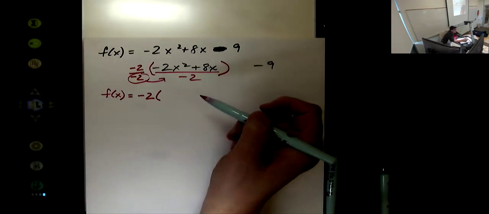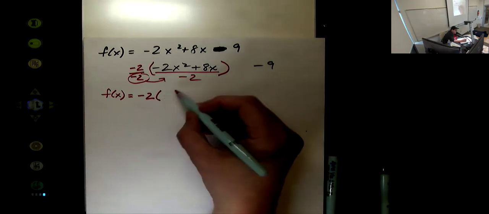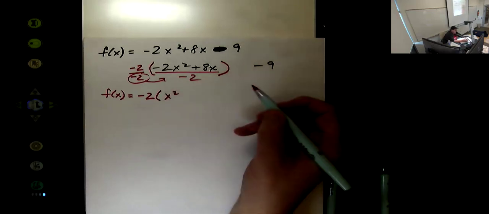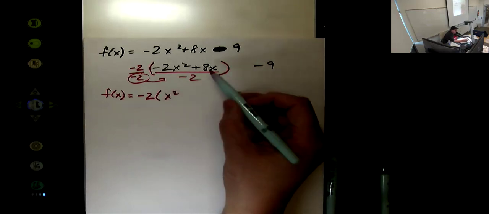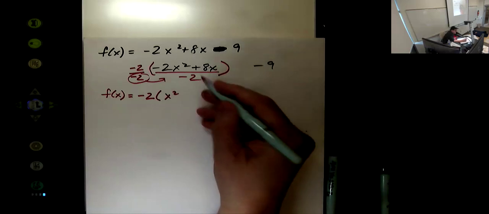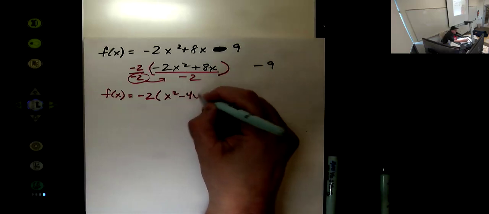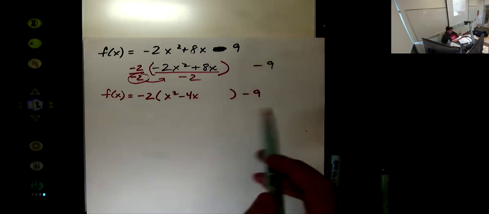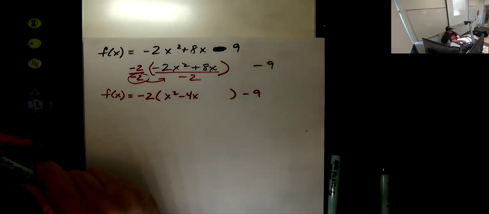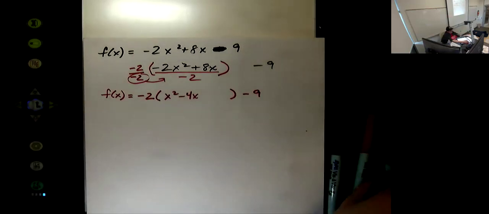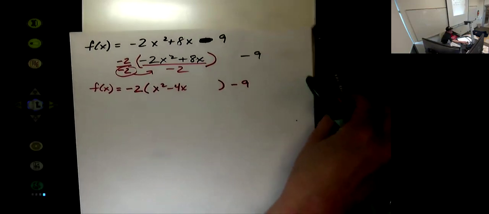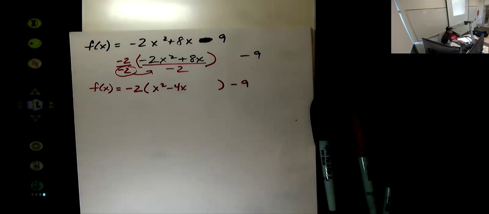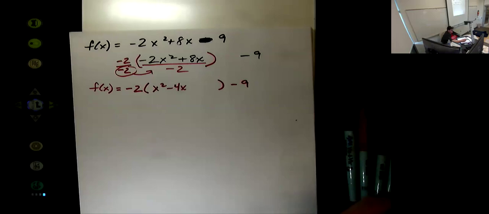I'm doing it in a creative way such that this becomes x squared. And 8x divided by -2 is -4x. And still got my -9. Is everyone okay with that part? Is your hand up, Jackie, or are you just stretching? No, we're good.